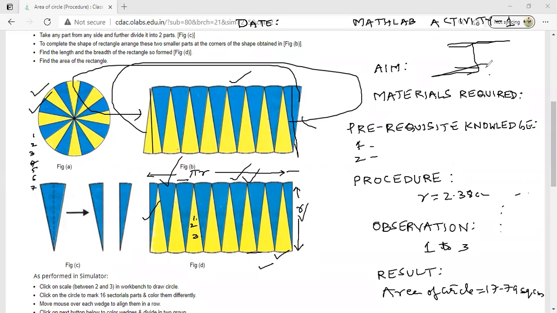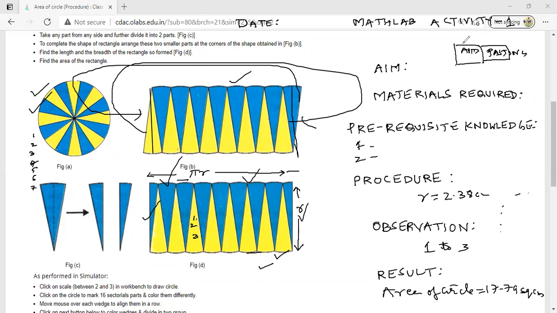For practicals, on the left page you write the aim and everything, and pasting will be done on the right page. Always in the practical, do not write on the right page. Pasting will be done on the right page.